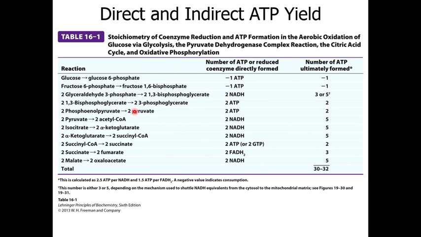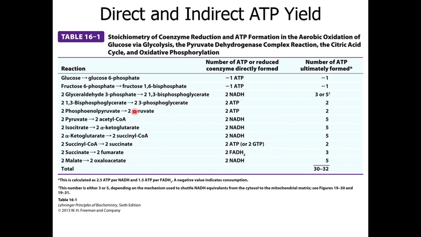Now, pyruvate doesn't stop there, right? There are 2 pyruvate molecules that enter the citric acid cycle. Now, what we talked about in the previous slides is the conversion of 1 pyruvate molecule to oxaloacetate. And in this process, 3 NADH molecules, 1 FADH2, and 1 GTP is produced.